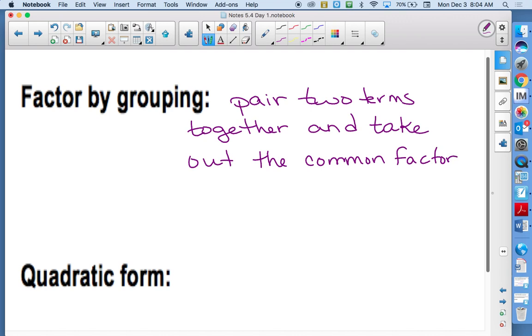So you'll usually have 4 terms with factor by grouping. You pair 2 terms together, you take out their common factor, and then you write it in factored form. We've used that method with AC grouping.